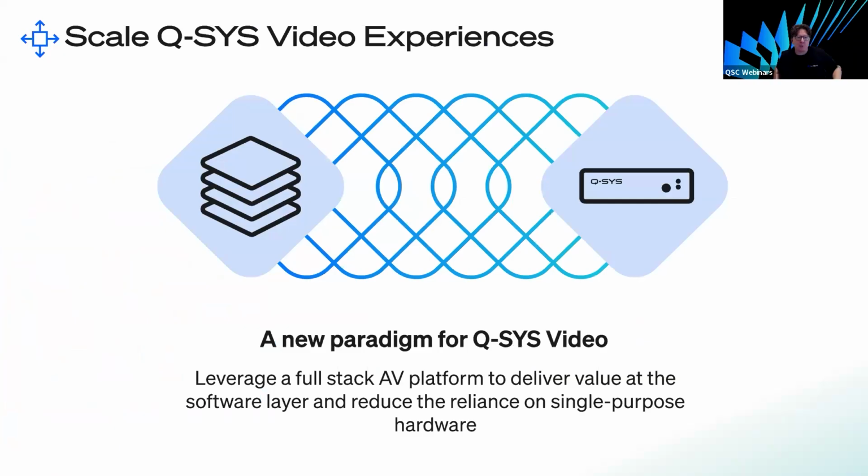This is a new slide, but the next one you've seen before, is really just to understand that Q-SYS, again, we grew up as an audio company, but I really feel like with NV and with NVM, we actually have a video ecosystem that can work for you, that can do all the things that you're looking for it to do.